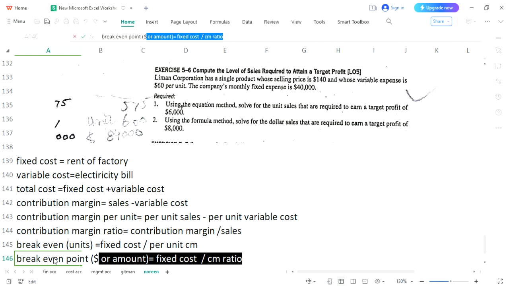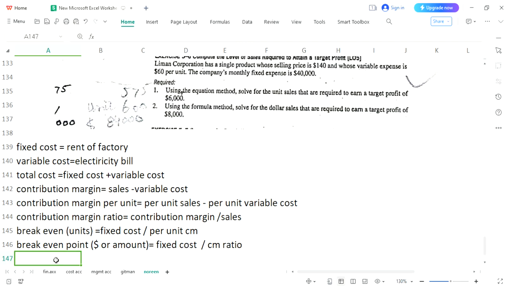So how do you calculate it? The same fixed cost you will choose, but will divide it by the CM ratio. All these points are literally very important. I'm just requesting you to repeat them again and again. Hopefully 3-4 more questions we will be doing with the same procedure. We will repeat these headings and then we will start.